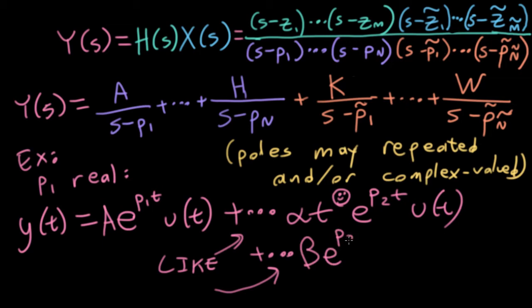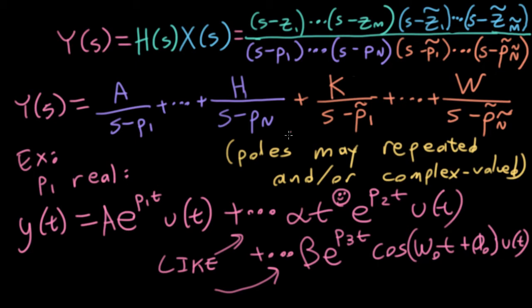Or I might have some complex terms, something like this with one of these exponentials. Again, I'm just putting 3 here as an example. It doesn't necessarily match what we have up here, where this is multiplied by a cosine. And just to have something, let me call this omega naught t plus phi naught times ut.